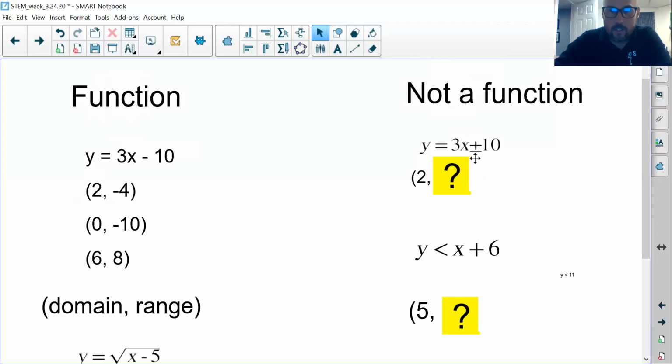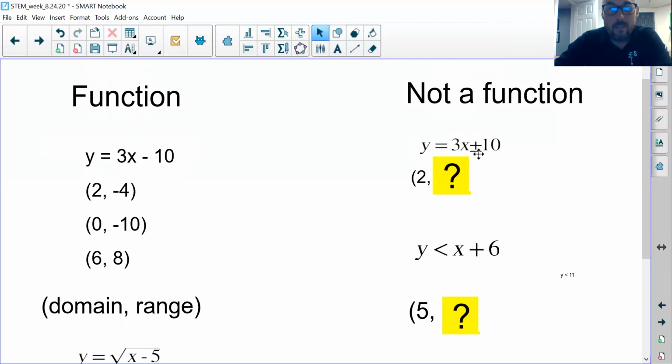This is not a function. This looks like 3x minus 10, except there's another symbol, 3x plus or minus 10. So if you plug in 2 into x, what are you going to get? Over here, if I plug in 2 into x, I'm always going to get negative 4 because this is a function. Every time I plug in 2, I'm going to get negative 4. What happens here? If I plug in 2, I get 6 plus or minus 10.